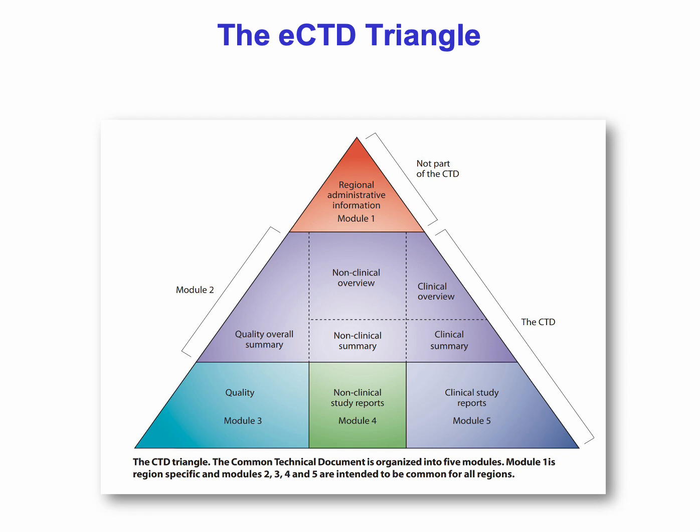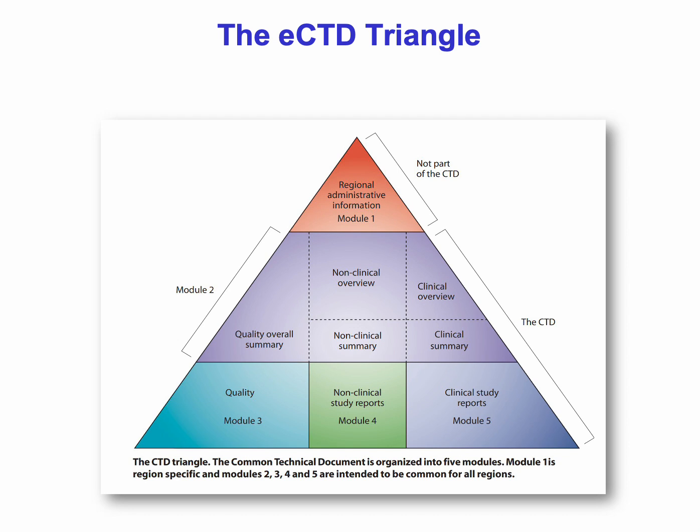Now, if you look into other places like USA, or like Europe or Japan, they are asking for a different structure for module 1. This is why we don't call that eCTD. This is not part of the CTD or eCTD. However, module 2 through module 5 are exactly the same in all of the countries where they are following the ICH guidelines.